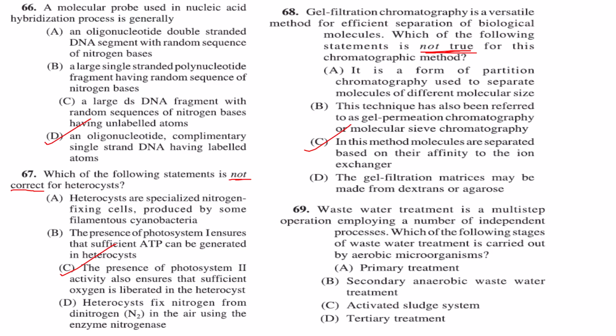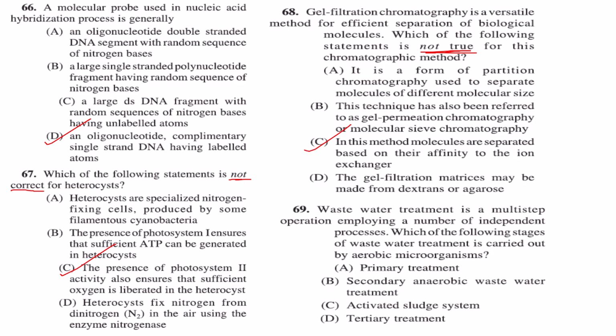No, that is, molecules are separated based on their size, not on affinity. Affinity to the ion exchanger is for affinity chromatography, or ion exchange chromatography. Then gel filtration matrices can be made from dextrans or agarose. That is also correct.